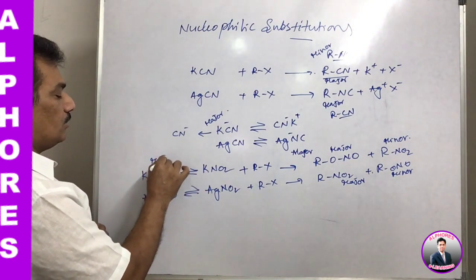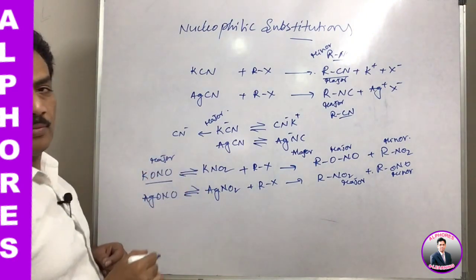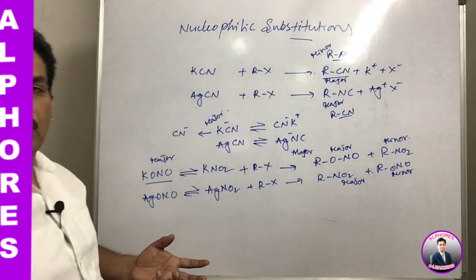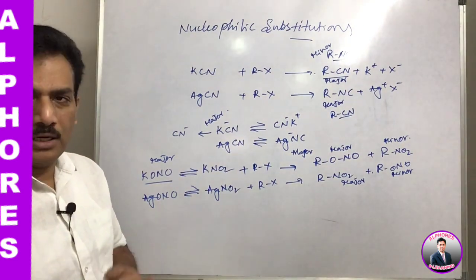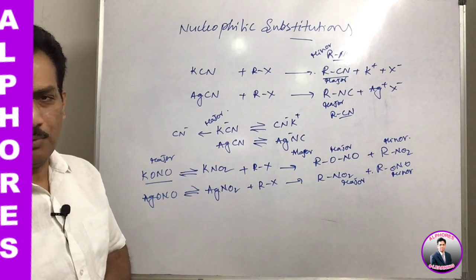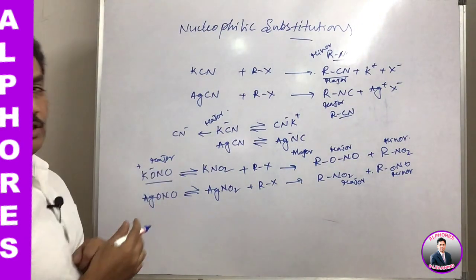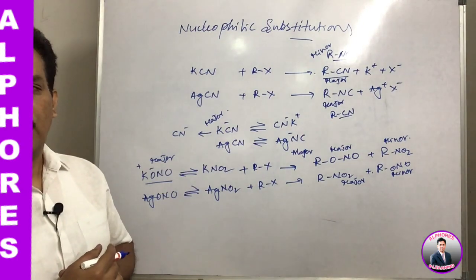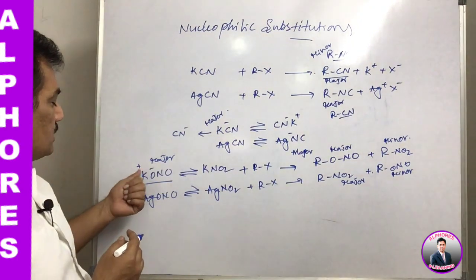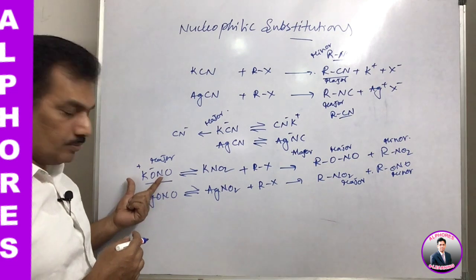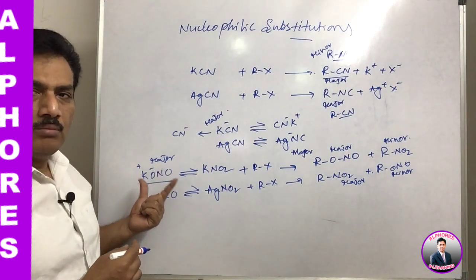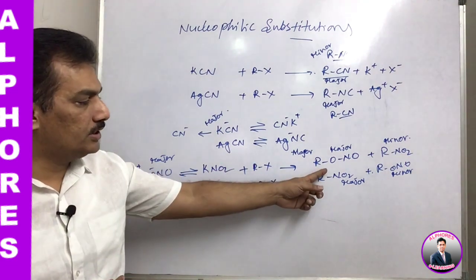The reason is that it is purely ionic, and when it is purely ionic, more electronegativity is the favorable condition, as you know already from chemical bonding. So here, K plus and O minus, oxygen is more electronegative when compared to nitrogen. That's why K plus and O minus are present in this form majorly, and that's why that product is major.